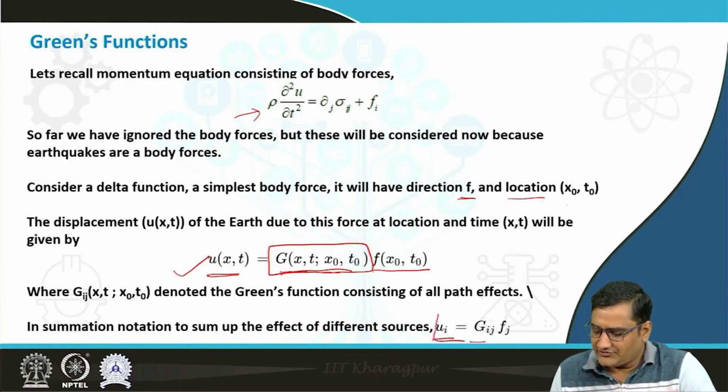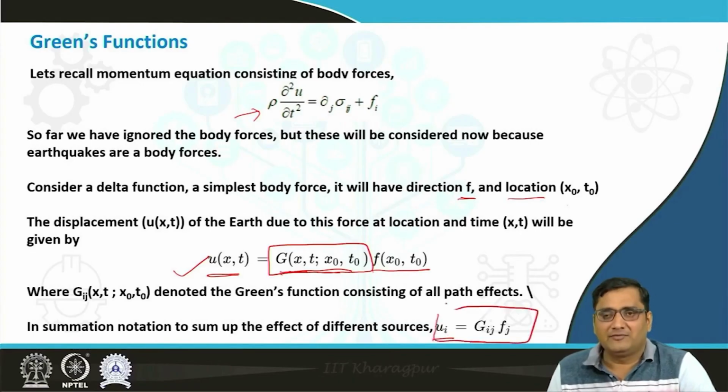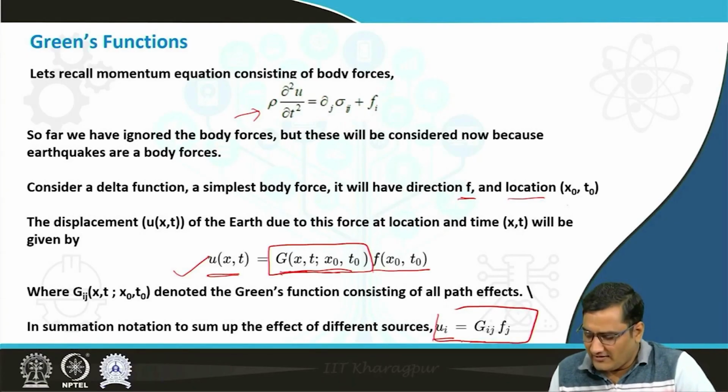In summation notation, the net displacement ui can be given by Gij product with fj, that is the body force term.